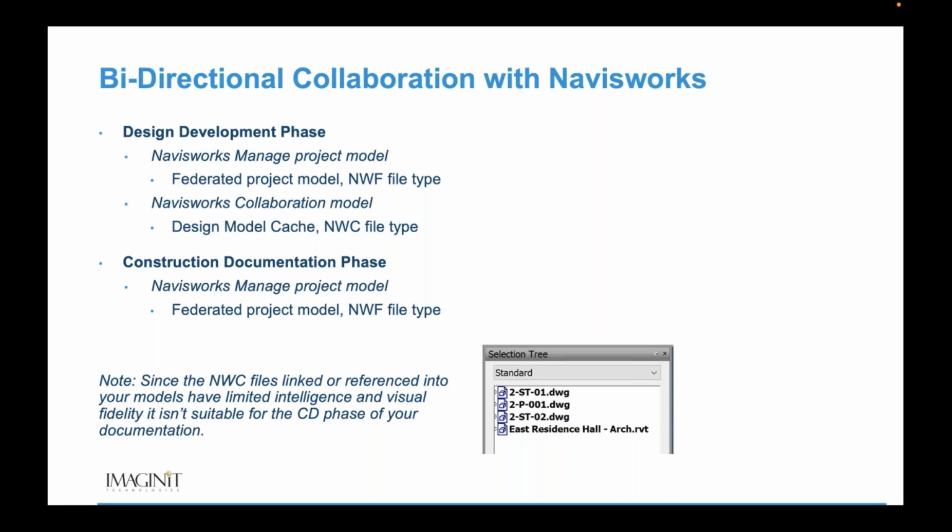It really kind of depends on the relationship between that model file type and the Navisworks software, but Navisworks actually opens quite a few different model formats, so you'll find that it is a very robust tool for coordination.